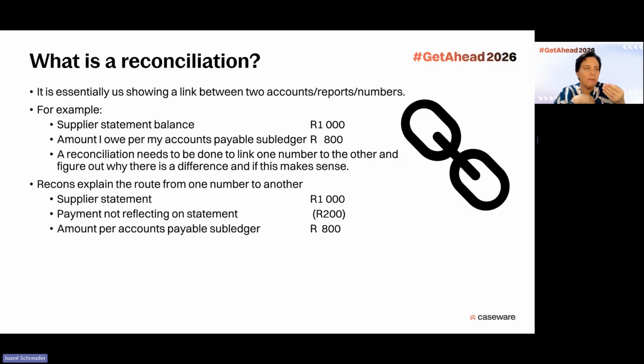If I make a payment to the supplier today, Friday morning, that payment might only reflect in their account on Monday morning. So if they are sending the supplier statement this afternoon, it's not going to show the payment that I've made to them. So when I open my emails on Monday morning and I see the supplier statement showing 1,000 Rand, I need to just remember that they haven't picked up on that payment yet.